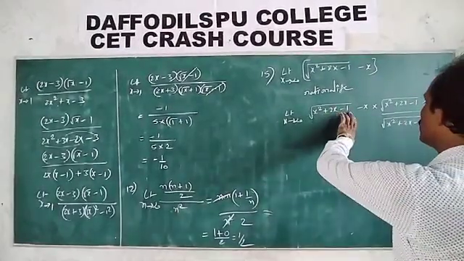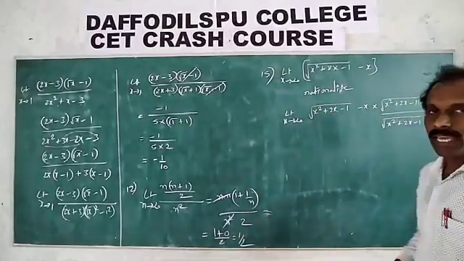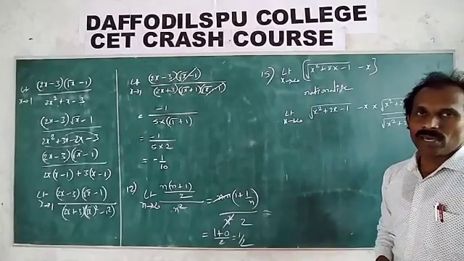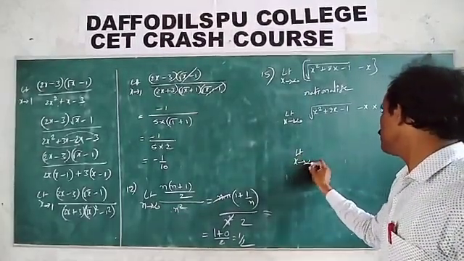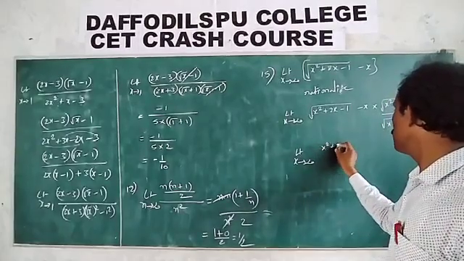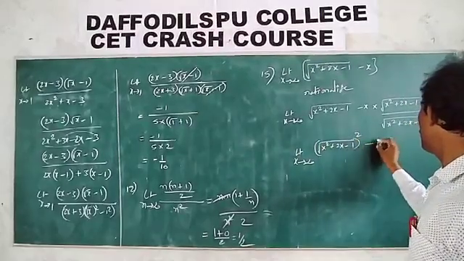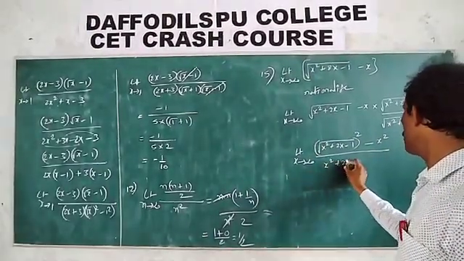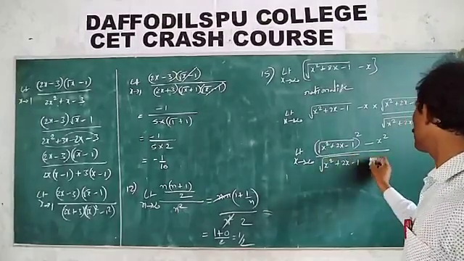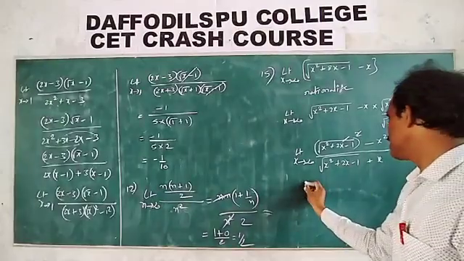Okay. So this is a minus b into a plus b, value a square minus b square. Limit x tends to infinity, x square plus 2x minus 1 whole square minus x square divided by root of x square plus 2x minus 1 plus x, square root cancel, right?